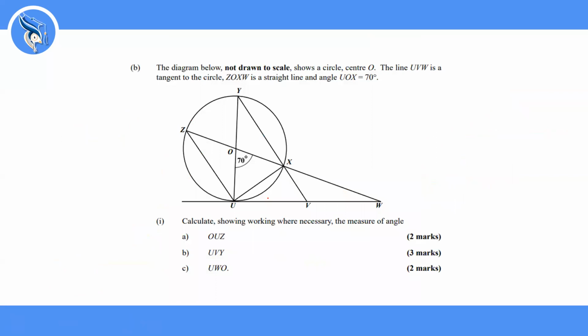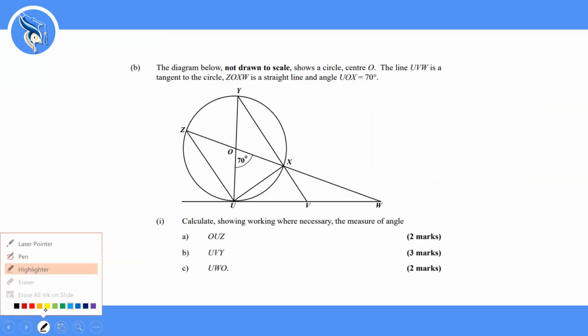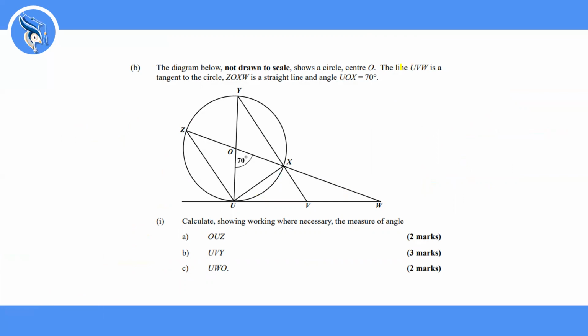Same thing, the angle not drawn to scale shows a circle with center O. I prefer the yellow highlighter. The line UVW is a tangent down here, and ZOXW is another straight line, and angle UOX is equal to 70 degrees.